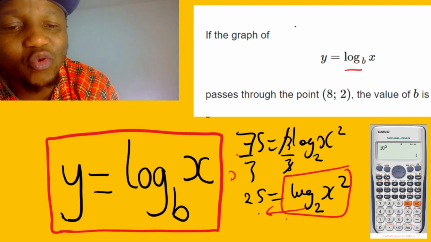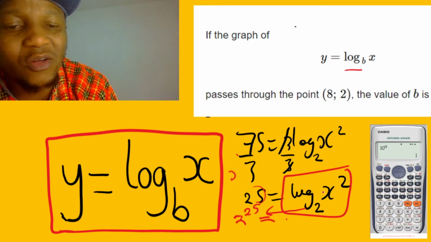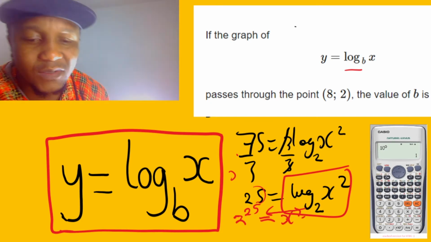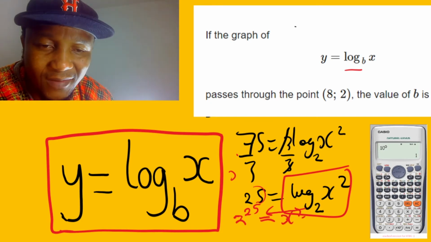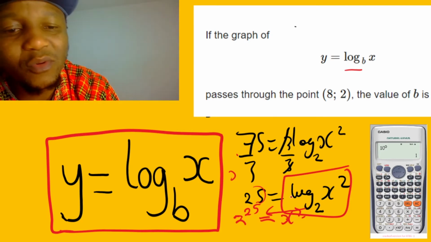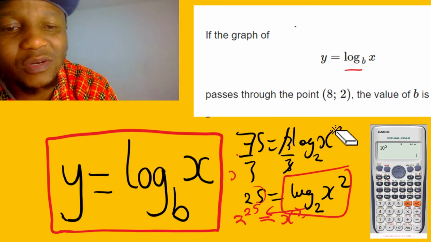It's going to become 2 power 25. So this 2 is going to come here, and this 25 is going to become the power, equal to x squared. See what I'm saying? It's going to become x squared. So now we're going to square root it throughout.